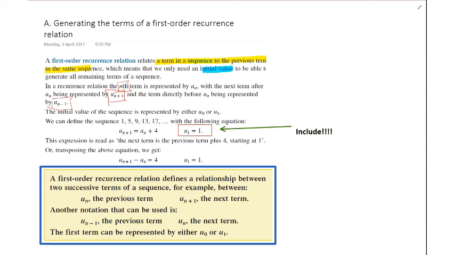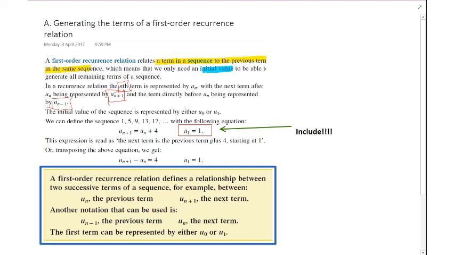Okay. Now, when we write them, we can have a sequence that looks like this: 1, 5, 9, etc. What we're saying here is our sequence is U_(n+1) equals U_n plus 4, U_n being my previous term and U_(n+1) being my next term.